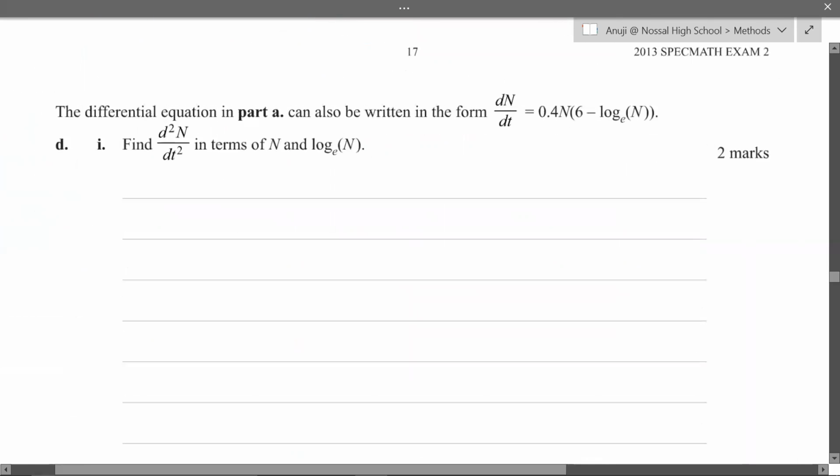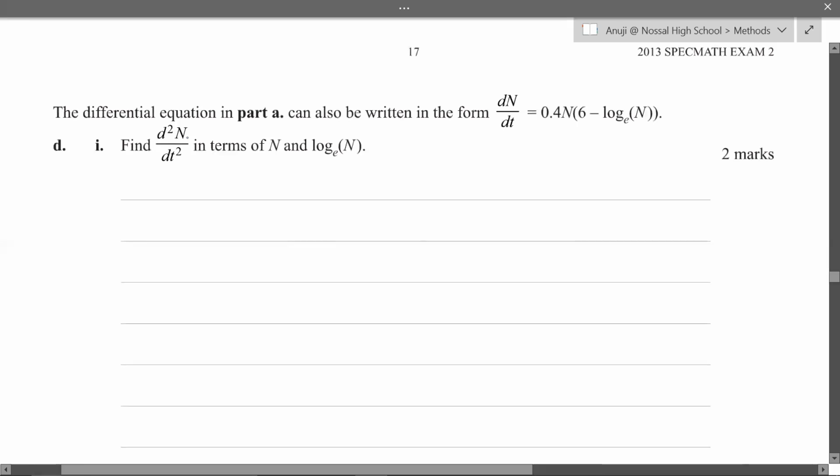Part D, it's asking d squared n/dt squared, and you have this one. So we can't use any of the flip rules, because otherwise you might get (dn) squared instead of d squared n. So you have to differentiate this again. So 0.4, and then you have to do dn/dt of n(6 minus ln n).